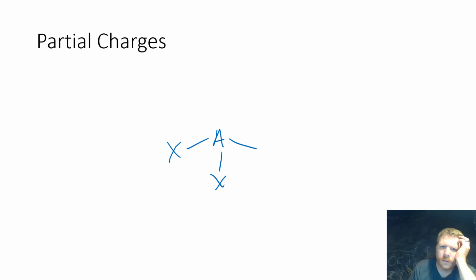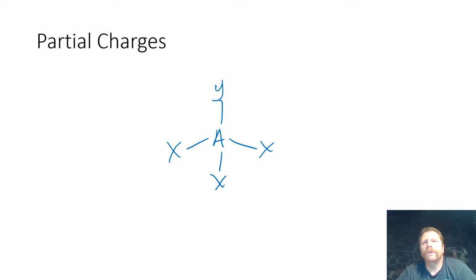All right, so the last thing that I want to talk about is partial charges. And so if you're given a molecule like A X X X Y, and you are given specific values for these different atoms, and you're asked to look at what the possible charges of them are, one of the things that you should think about is where these different atoms are.